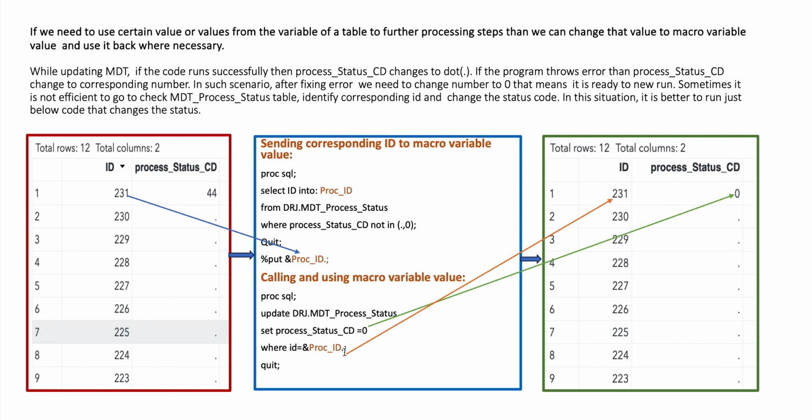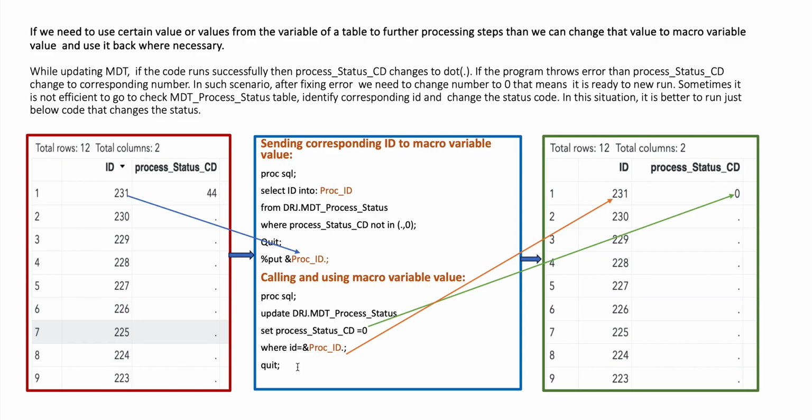That means where id equals the value of this macro variable, which is 231. That means we are going to change this row: when the value of id is 231, change the status code to 0. That means we are going to change this 44 to 0.